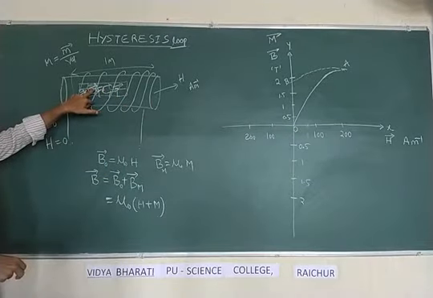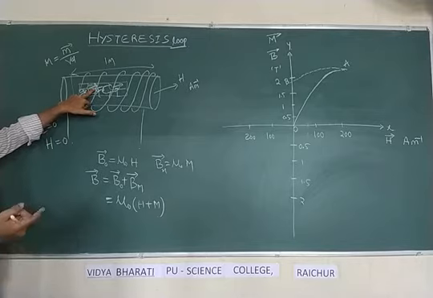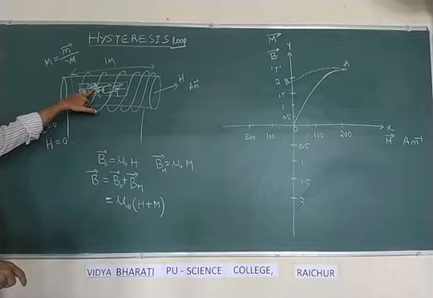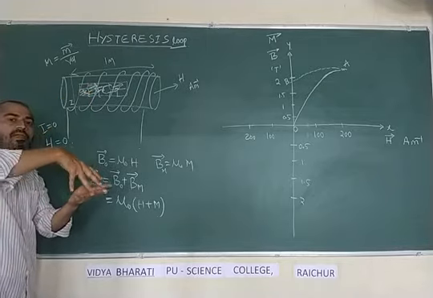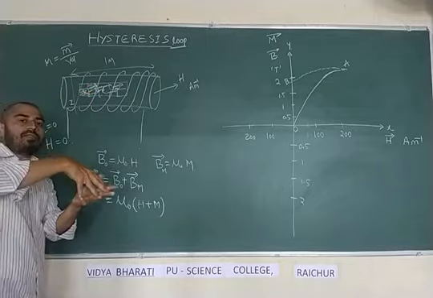It means the iron which was converted into a magnet, even on decreasing the H value, we are not able to reconvert that magnet into iron. Some amount of magnetism is left in that iron, even on making the H value 0.